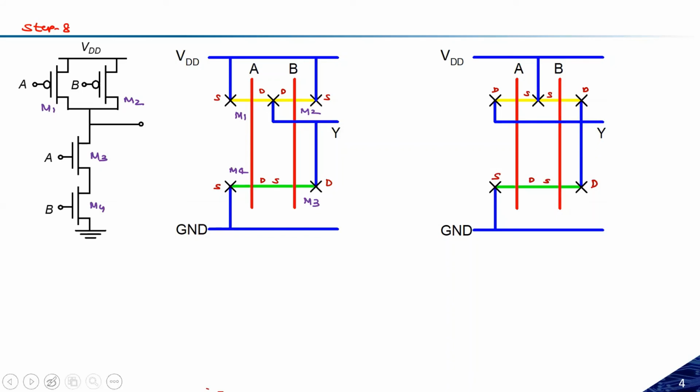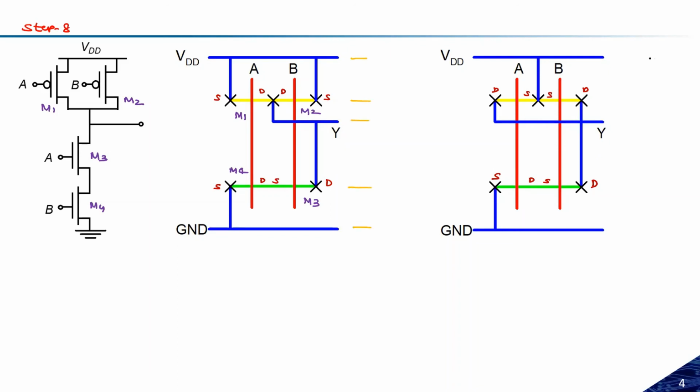If we closely look into this, can anyone tell whether both the layouts require different area, or the same area? The same area, right? If you see here, the number of layers is 1, 2, 3, 4, and 5.